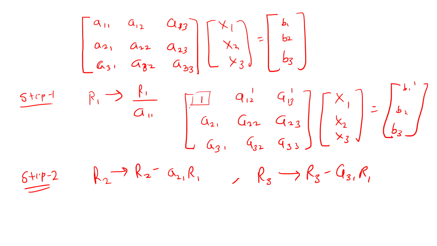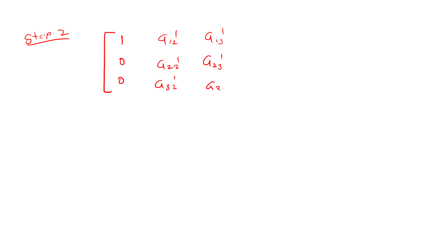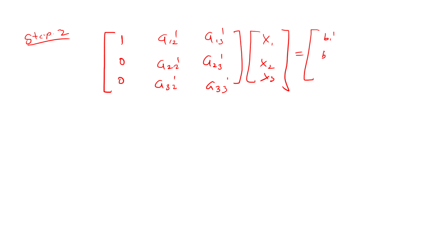By doing the row operation of step 2, we will get a modified matrix as 1 0 0, and then we will have A12 prime, A22 prime, A32 prime, and A13 prime, A23 prime, A33 prime, and this x1, x2, x3 will be intact, and then we will have b1 prime, b2 prime and b3 prime.